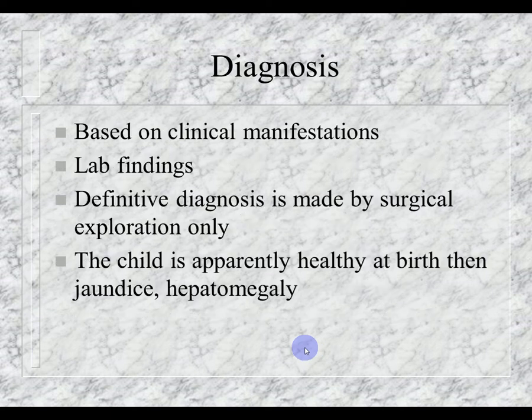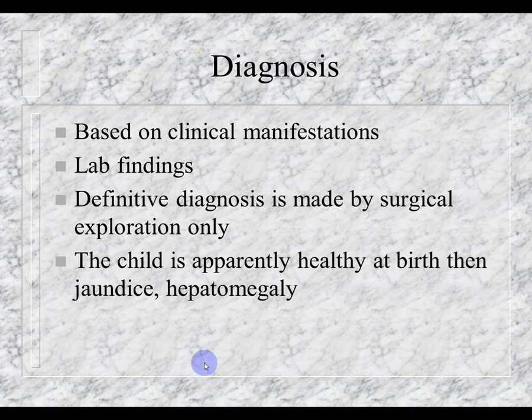Diagnosis is based upon clinical manifestations on the next slide, which we'll look at here in just a little bit. As far as lab findings, you're going to see increased bile level, B-I-L-E, increased phosphate, increased ammonia, and prolonged prothrombin time. The reason you're seeing all those things is because of the liver damage.